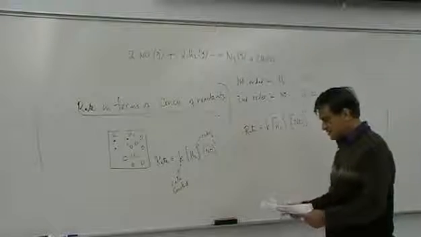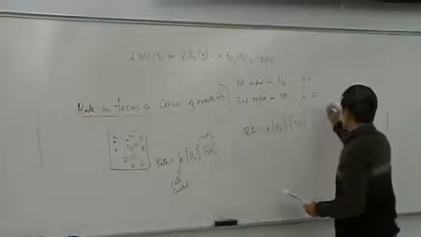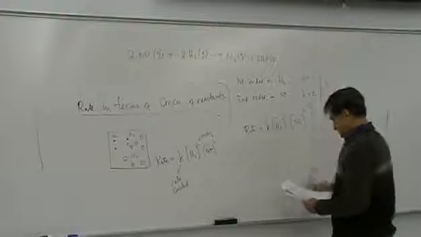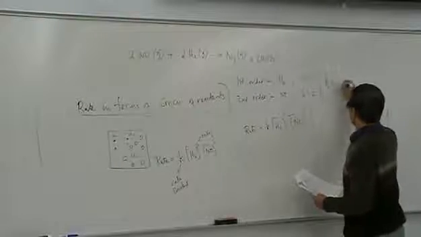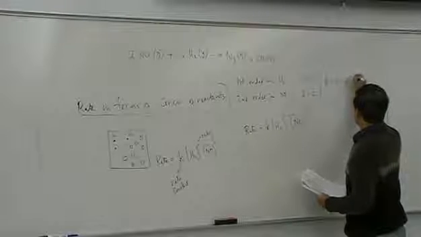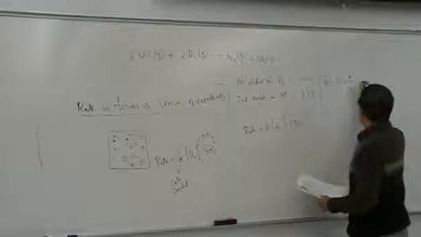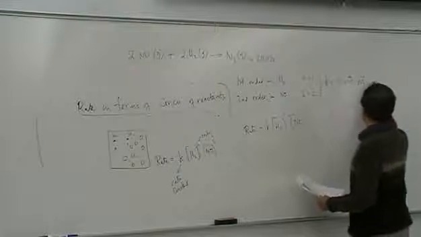Okay, now let's use some numbers. That way we can do a problem. So let's assume that K, rate constant, equals 3.0 times 10 to the power 4 molarity per molarity square per second.